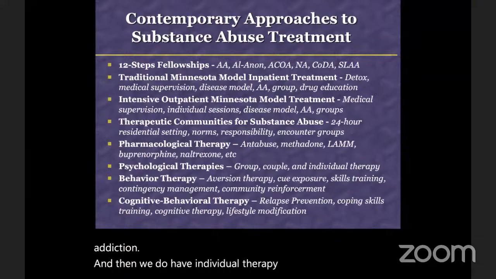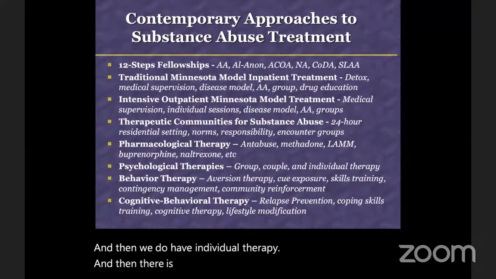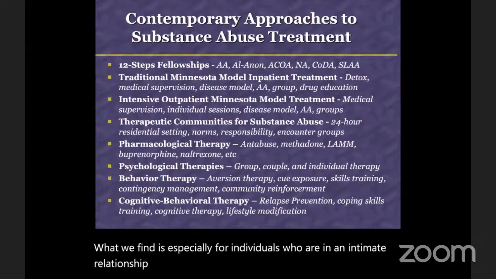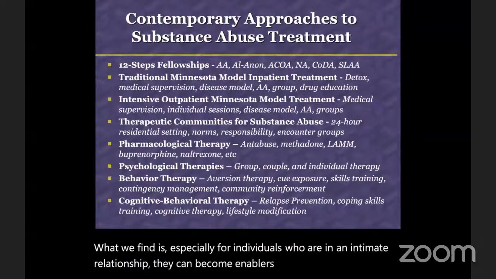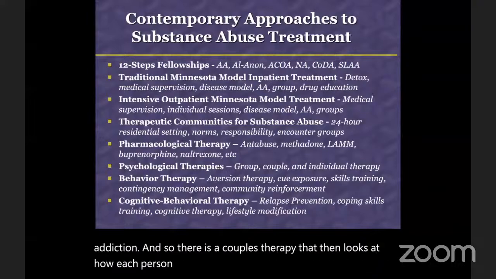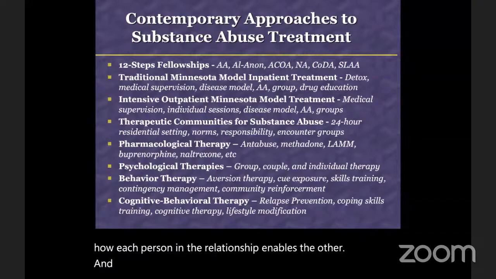And then there is couples therapy for addiction, because what we find, especially for individuals who are in an intimate relationship, is they can become enablers for each other's addiction. And so there is a couples therapy that looks at how each person in the relationship enables the other. Anyways, and then there's behavioral therapy.